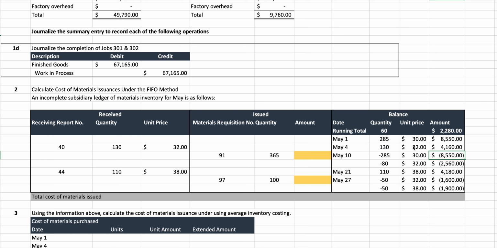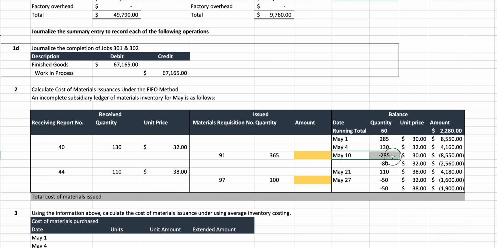On May 10th, someone in the company said, "Hey, I need 360 units issued to me." So we want to take that out of the cost accounting system. But I don't have 360 units at the cost of $30 a piece. I only have 285.